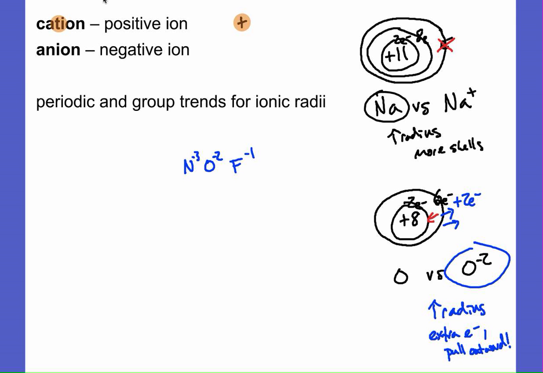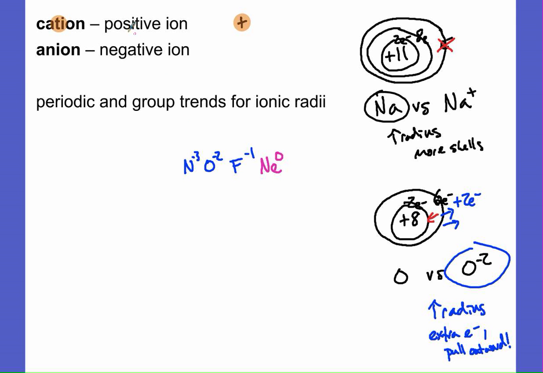The difference being, they all gained electrons to look just like neon, essentially. They all wanted to have the same number of electrons as neon, which doesn't have a charge currently and never does have a charge because it's already stable. They all have the same electron configuration as neon, the same number of electrons, but they have different numbers of protons. So that's what we come to with our comparisons.